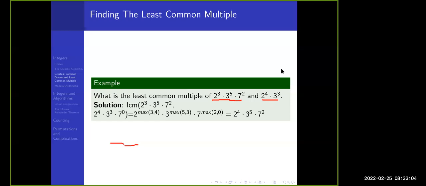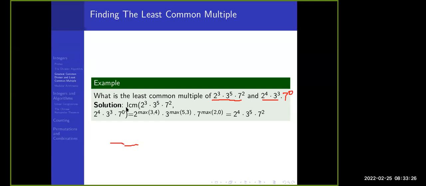Yeah. Good. So it doesn't appear on this side. So for you to complete this, you simply add the 7 on this end, but you raise it to 0 so that you have the same factors appearing in both factorizations.